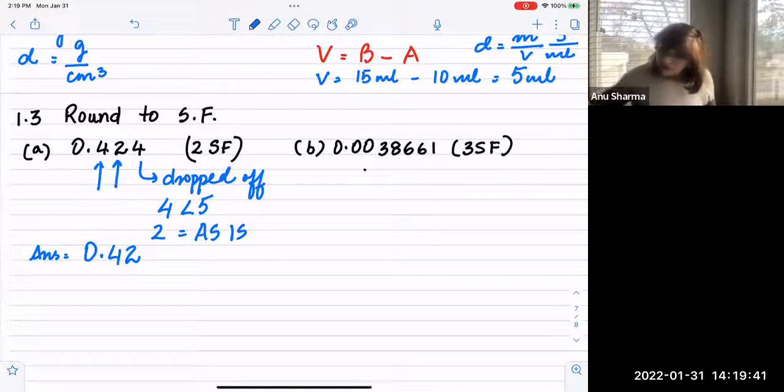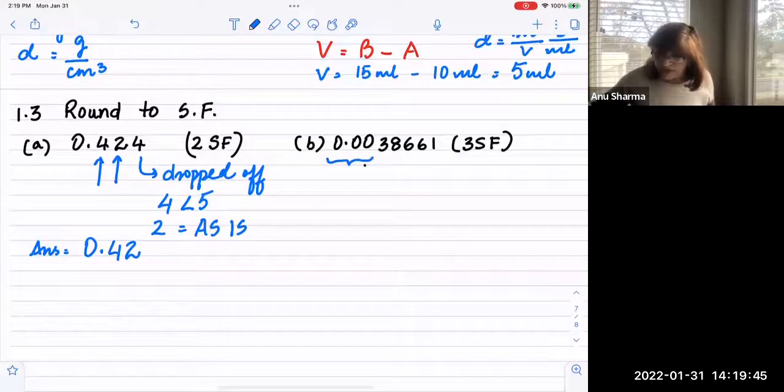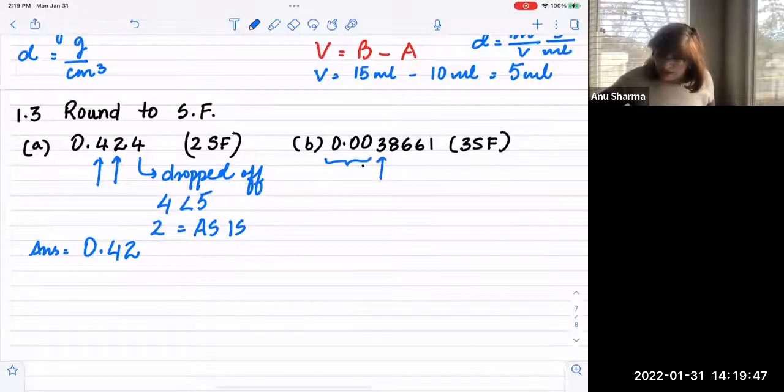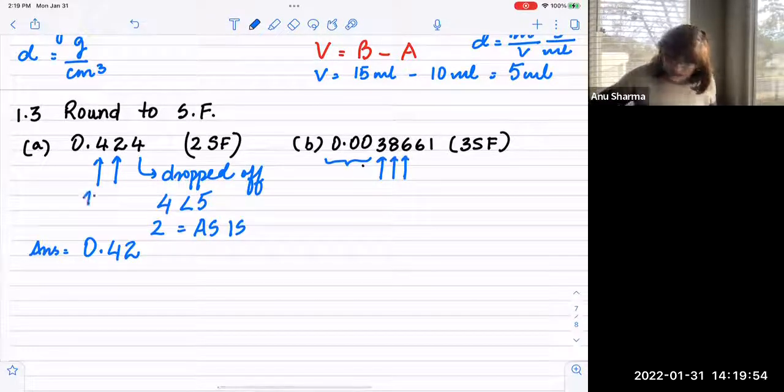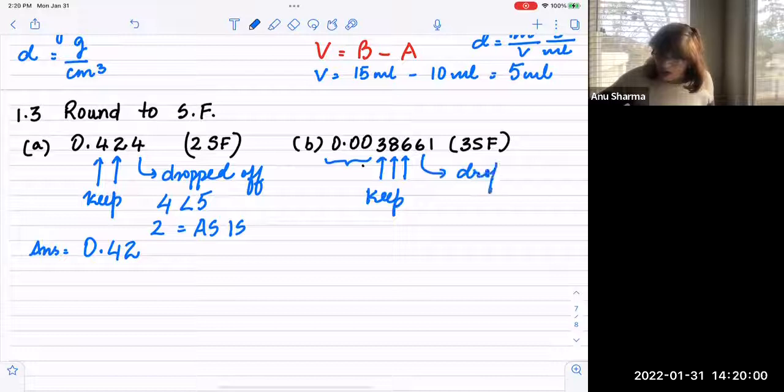Next, in this case, we need 3 significant figures. So these will be ignored. This we will keep, and this, and this. These three will be kept, but you drop off the 6 and then the 1 also.